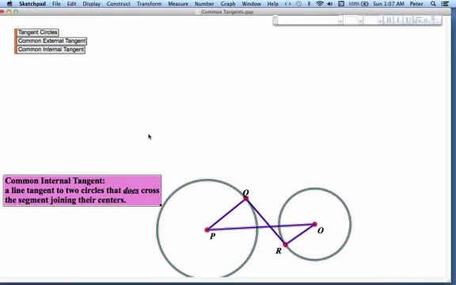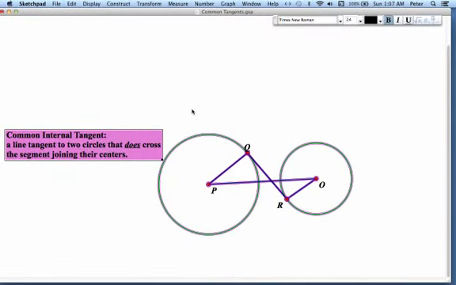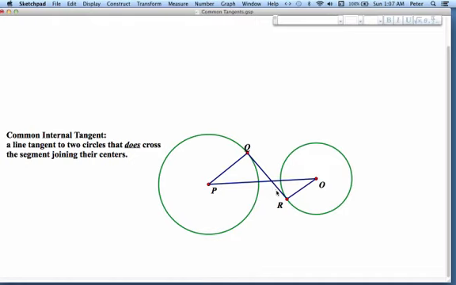Now for a common internal tangent, you can see that QR does cross the line joining the centers of the two circles. So this will be a common internal tangent. The tangent runs between the two circles.